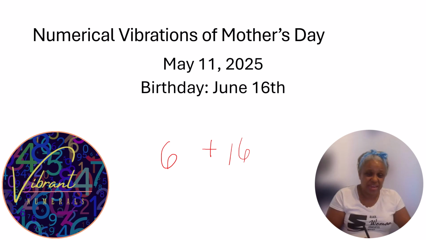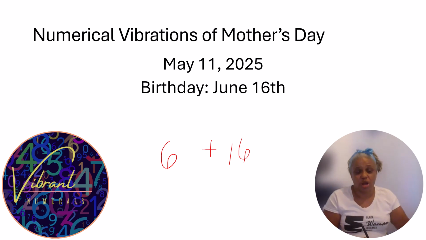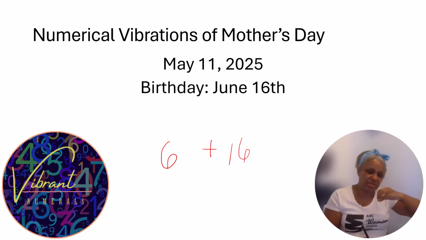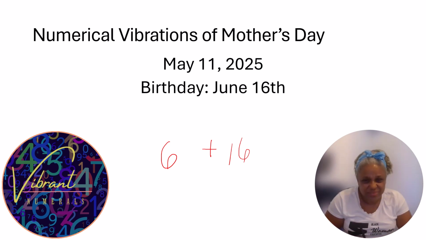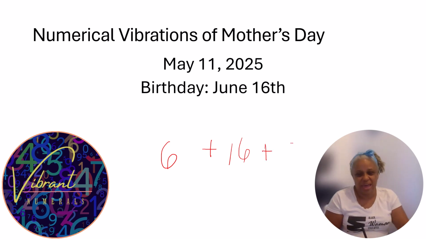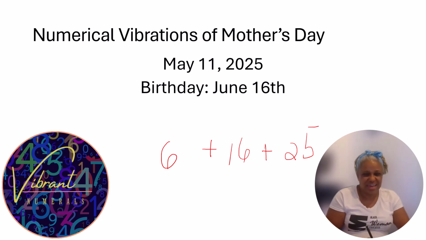And then you add it to our numerology for the collective as a whole day. Then we add that 25 for the whole collective. And so then, let me see if I could do some math in my head.